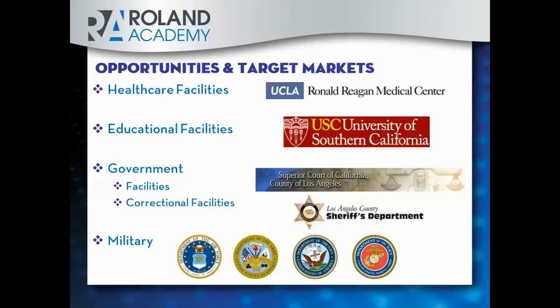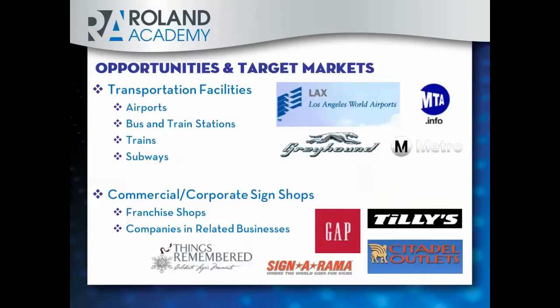The military does require ADA compliant signage. Now, does that mean that they require Braille? Not for most cases, but again, directional signage, things of that nature, yes, they do have to have that. And again, any offices that the public enters have to have that. Those are your opportunities and your target markets.